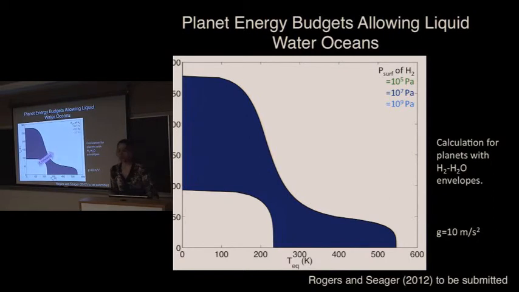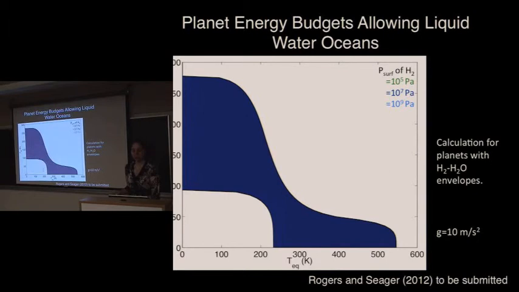So the surface temperature in this plot increases from this inner edge towards the outer edge. So cases out here are essentially too hot for liquid water oceans on their surface, while down here, they're too cold. And the water mixing ratio in the envelope increases, again, as the surface temperature increases and the saturation vapor pressure increases.